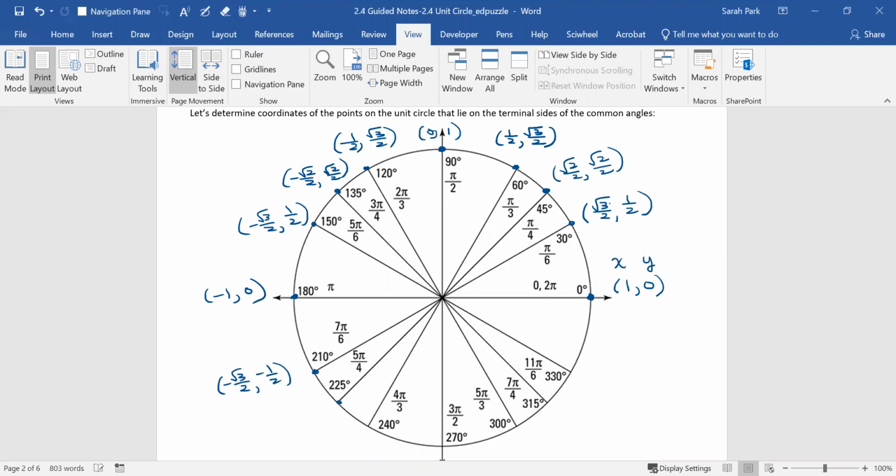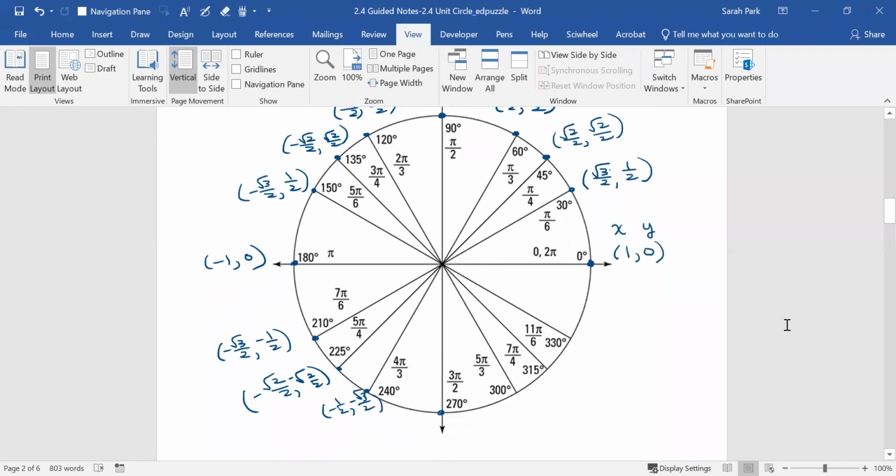At 5 pi over 4, 225 degrees, we have negative root 2 over 2 and root 2 over 2. Actually, they're both negative. At 4 pi over 3, we have negative 1/2 for the x and negative root 3 over 2 for y. At 3 pi over 2, the x value is 0, y value is negative 1.